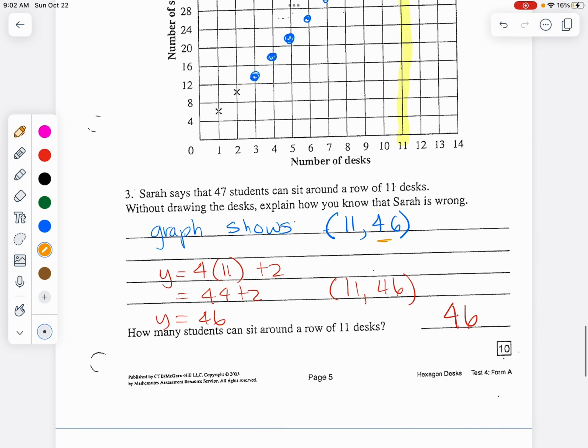So you use the function rule to check, right? When x is 11, we substitute that in. We get 11 times 4 is 44, plus 2 is 46. Again, we see that it matches the graph. And so how many students can sit around 11 desks? 46. So sadly, no, Sarah is not correct.